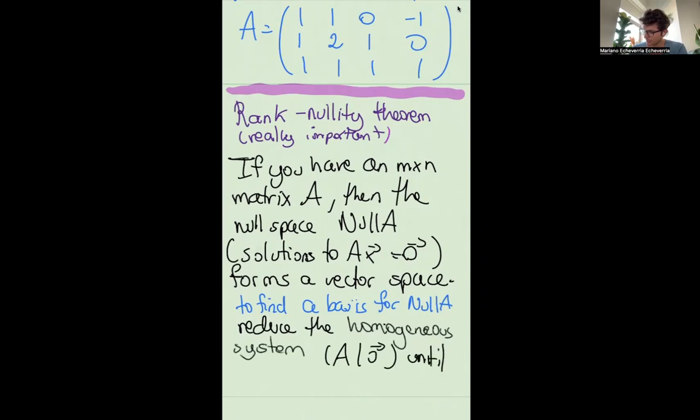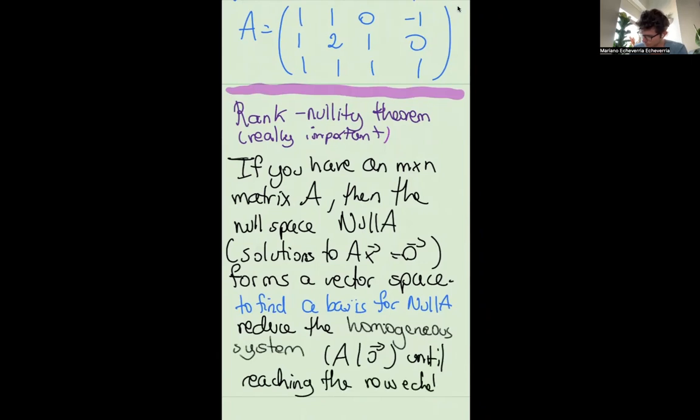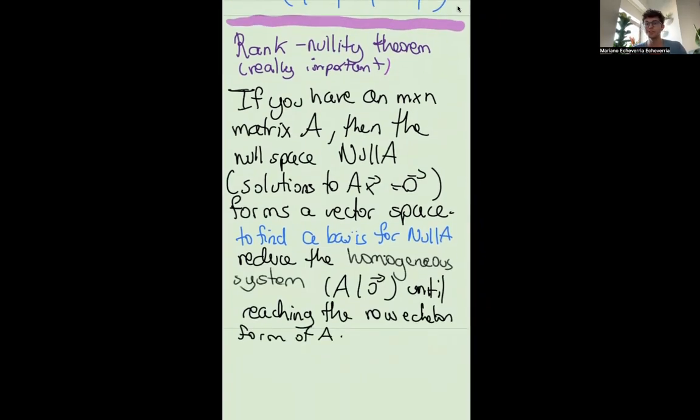Until reaching the row echelon form of A. And the number of vectors that will appear in the basis, that's actually called a dimension. Let me write it down because it's an important idea.